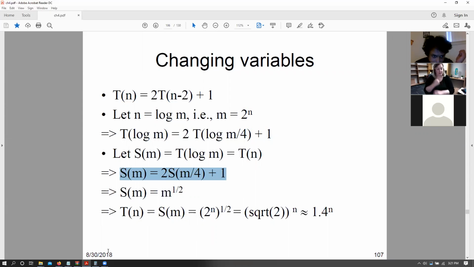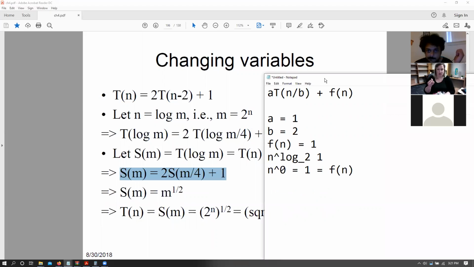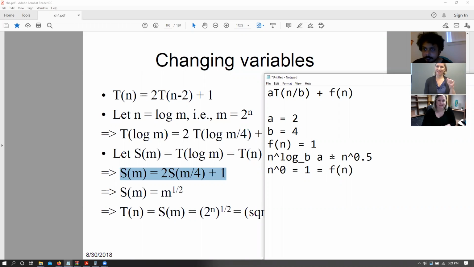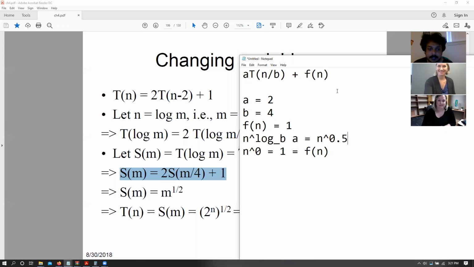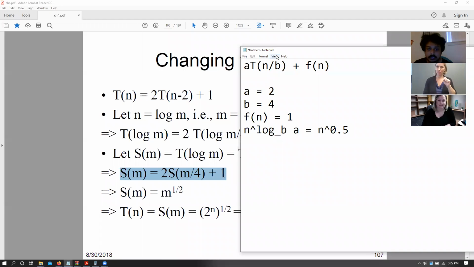Actually, in this case, our a is 2, b is 4, and n raised to the power of log base b a equals n raised to the power of 0.5. So we have n raised to the power of 0.5. Now we have f of n equals 1.